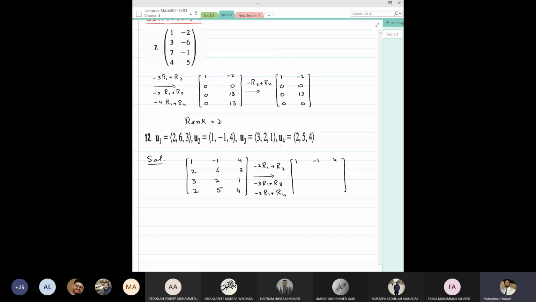So row 1: -2 plus 2 is 0. 2 plus 6, 8. -8 plus 3, -5. -3 plus 3, 0. 3 plus 2, 5. -12 plus 1, -10. And then -2 plus 2, 0. -1 times -2, 2 plus 5, 7. -8 plus 4 is -4.